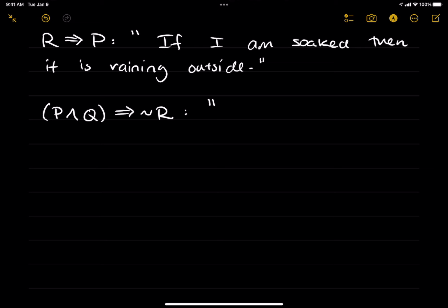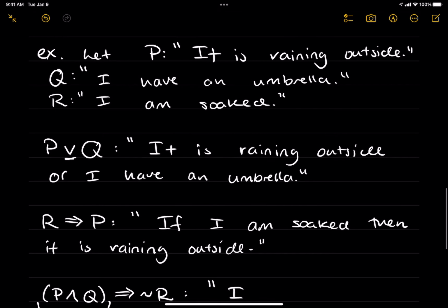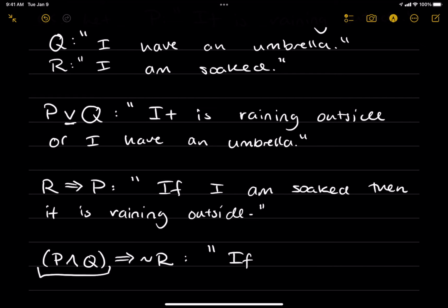So we should read this as, if P and Q, then not R. So we do if, and then P and Q. P is it is raining outside, so if it is raining outside, and Q, and I have an umbrella.